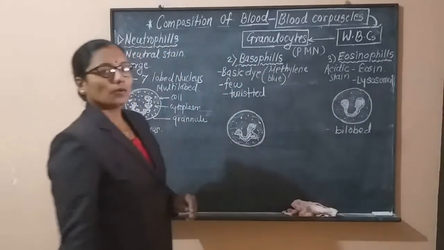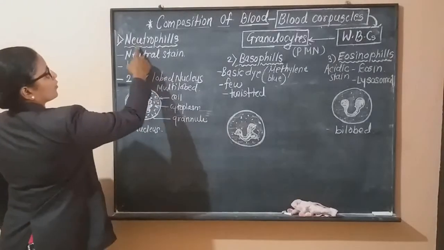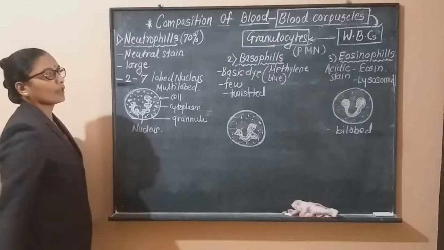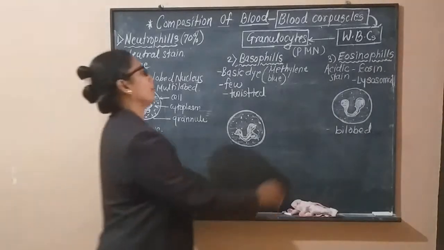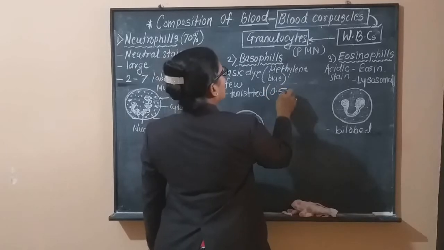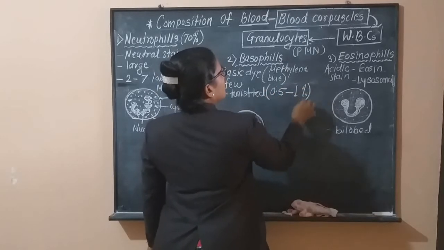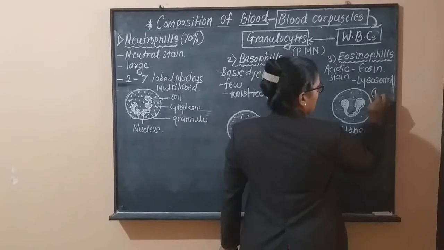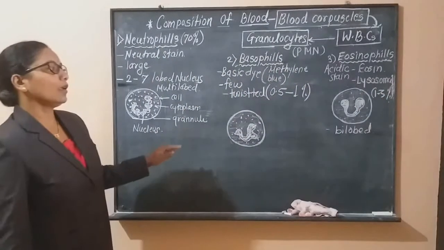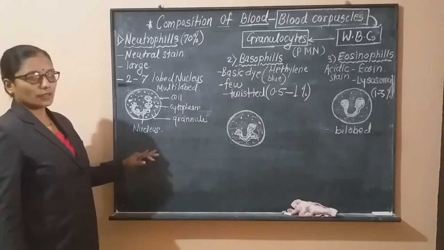Now, these granulocytes, in case of neutrophils, it is nearly about 70%. What is this proportion? 70%. These basophils are nearly about 0.5 to 1%, and these eosinophils are 1 to 3%. Okay, this is near about the proportion in percentage.